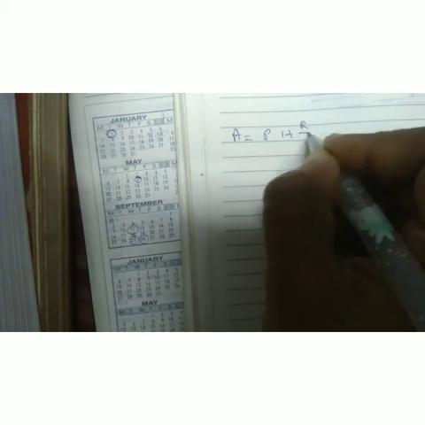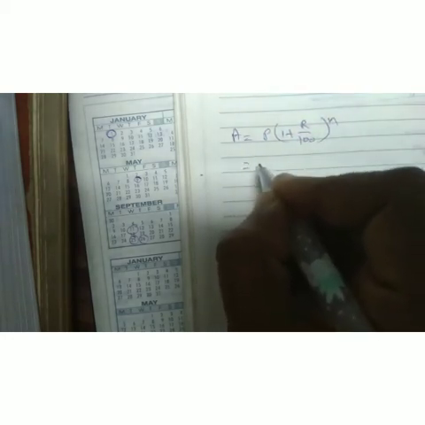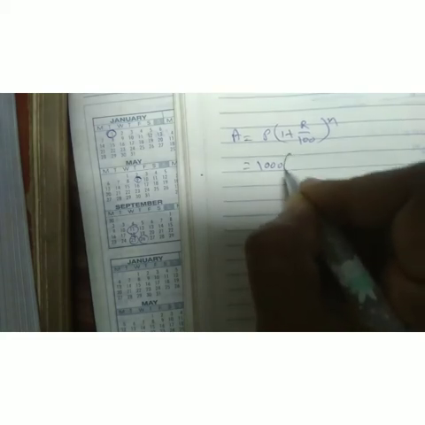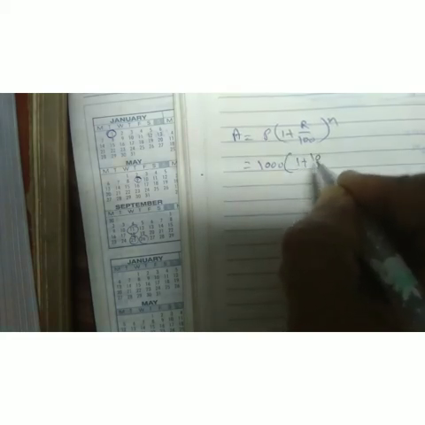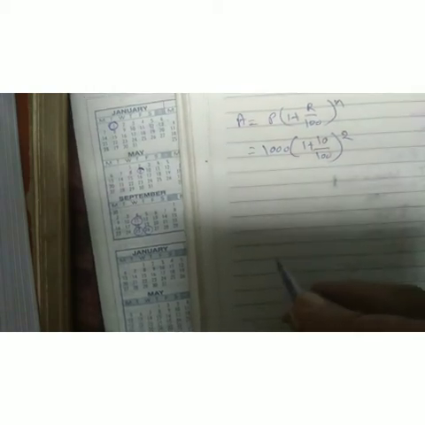A is equal to P whole into 1 plus R by 100 whole to the power n. So P is equal to rupees 1000, 1 plus R is 10 by 100. Time period how much? 2 years. Here time period n is 2.